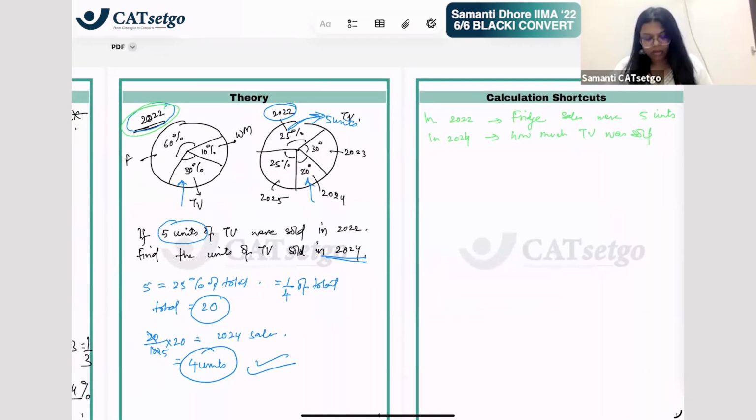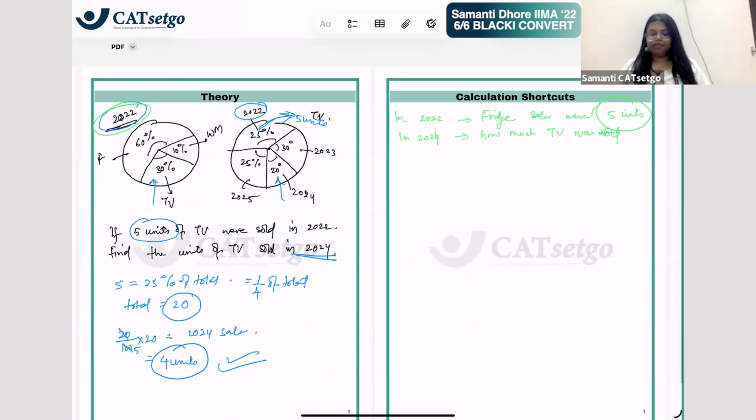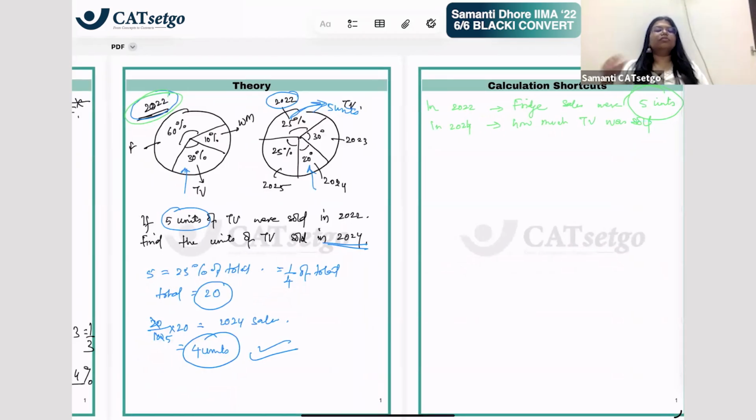Or of it, in 2022, 5 units of fridge was sold. Five me 6 units. In 2022, 6 units of fridge was sold.